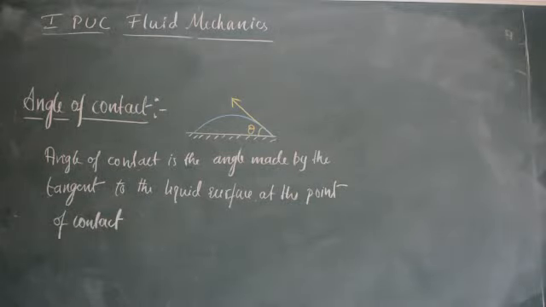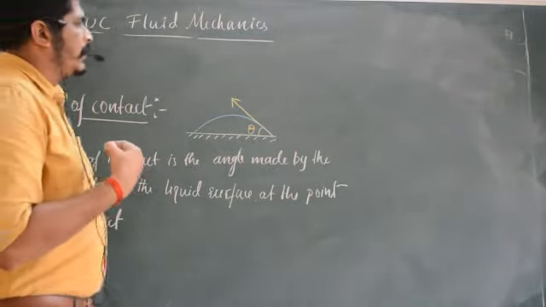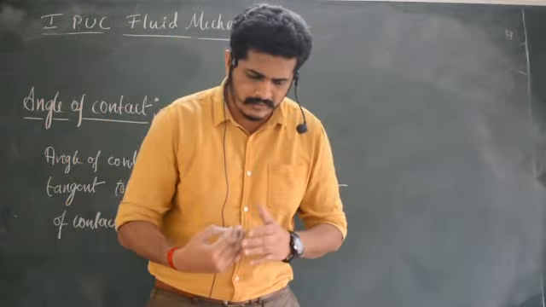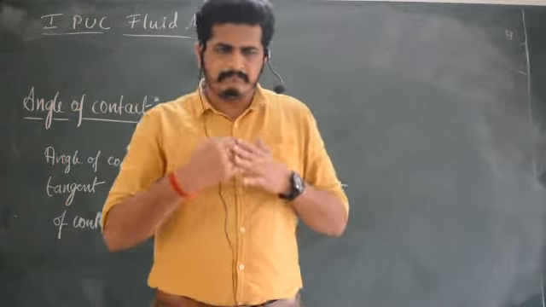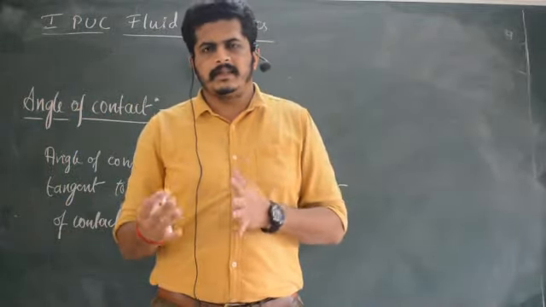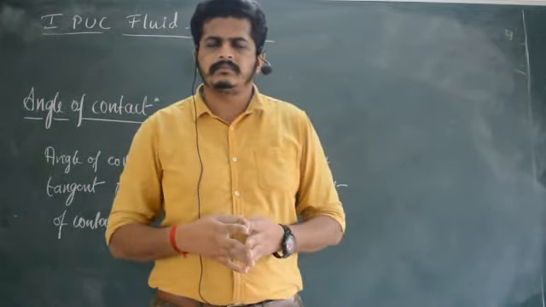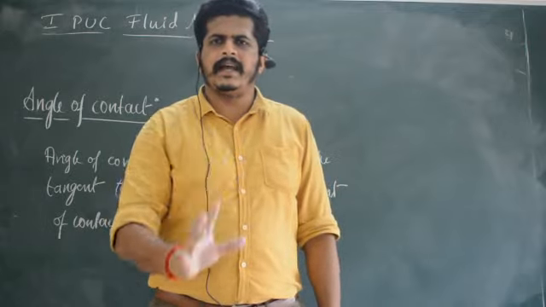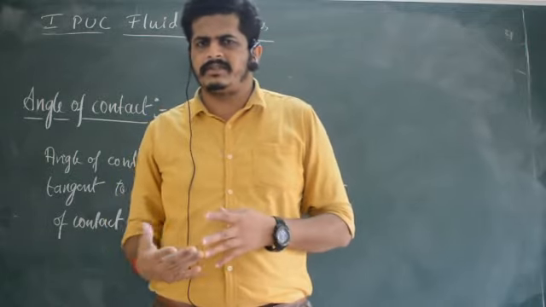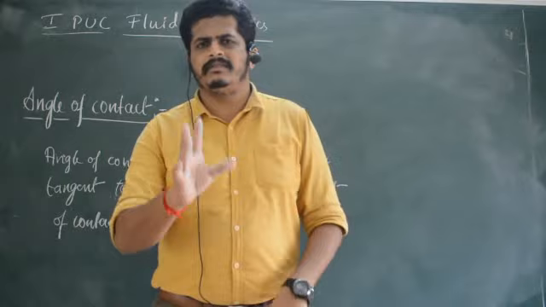Okay, so this is the definition of what? Angle of contact. Force of adhesion, force of cohesion, everything we discussed, and why water wets the surface, why not. Now something regarding angle of contact. What is this angle of contact? Very simple.